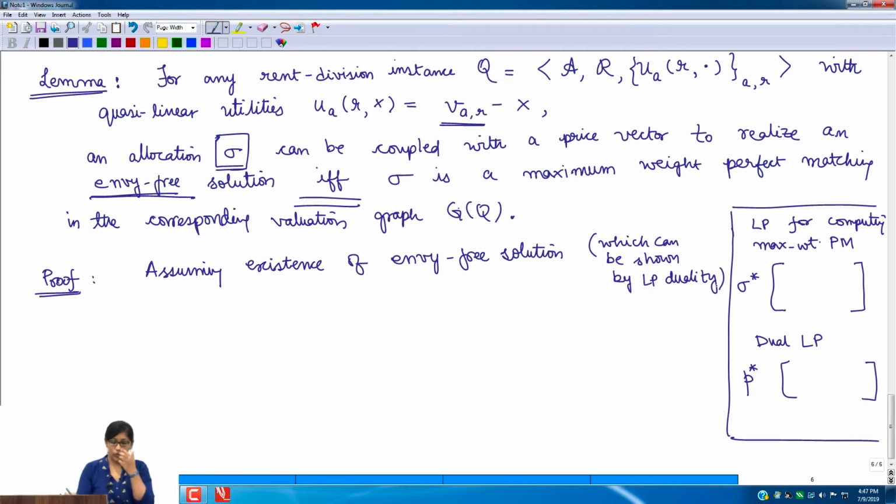Okay, so how does this proof go? Let me prove the if part, which is this particular part.